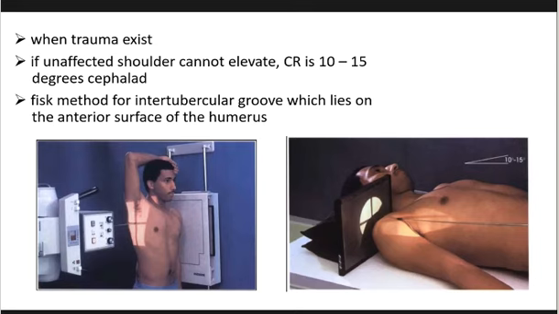So kung hindi kayang iangat ang unaffected, that is the time that we have to angle the tube by 10 to 15 degrees cephalad. I repeat, in the transthoracic lateral or in the Lorentz method, when the unaffected side cannot be elevated, that is the time that we have to angle the tube by 10 to 15 degrees cephalad.